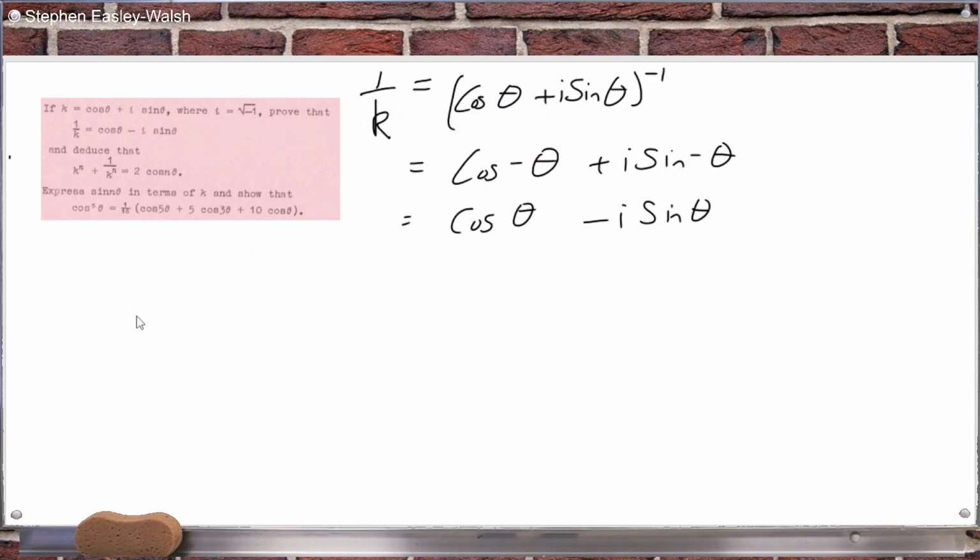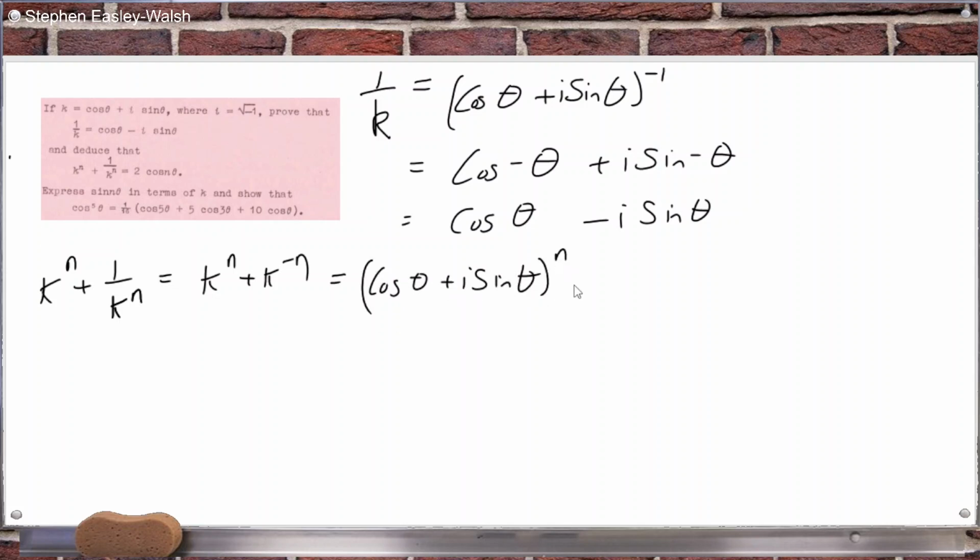Alright, and then now we want to calculate k^n plus 1 over k^n. That will be k^n plus k^(-n). So that would be cos theta plus i sine theta to the power n plus cos theta plus i sine theta to the power minus n.